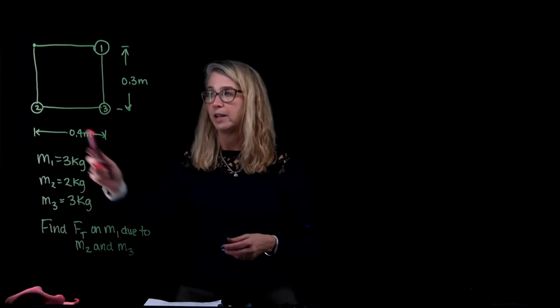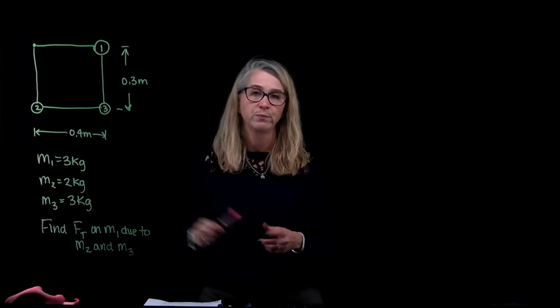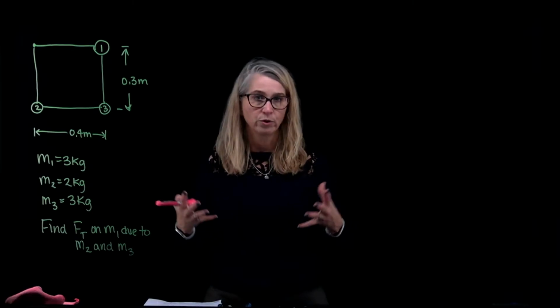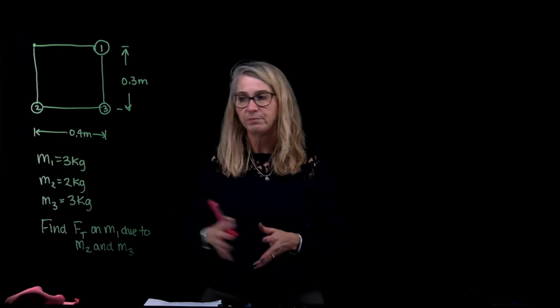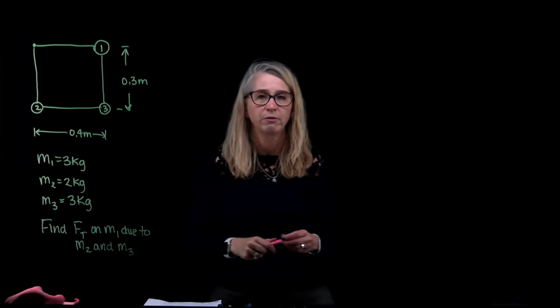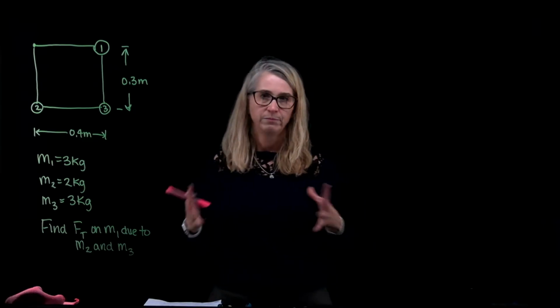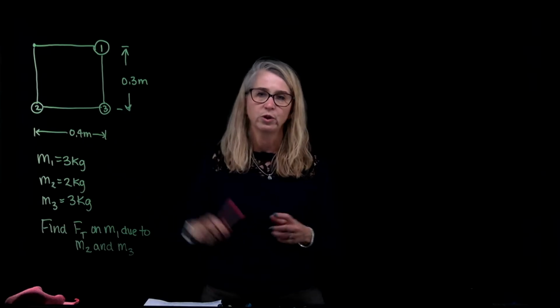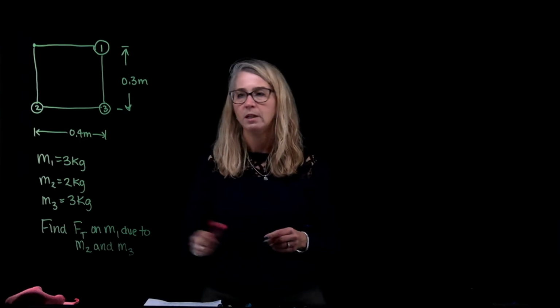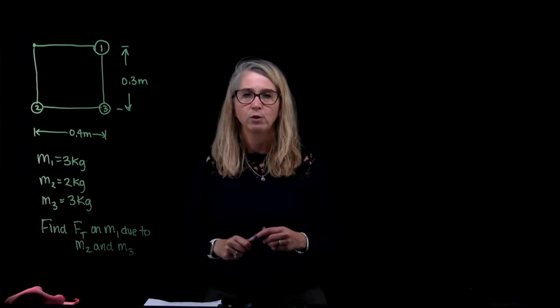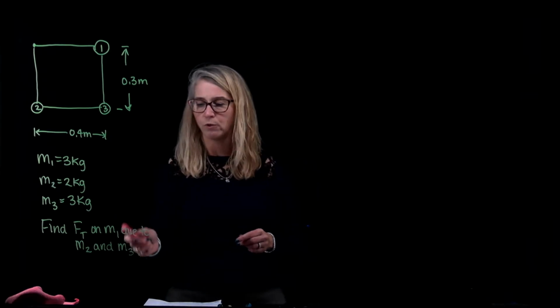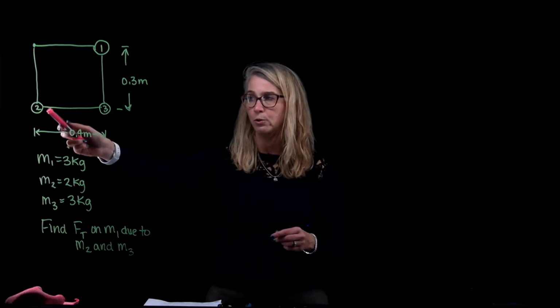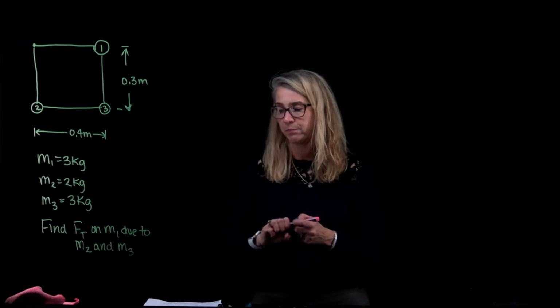So the question is, I have three masses on the three corners of a rectangle. I made the rectangle a 3, 4, 5 arrangement so that the diagonal was going to be 0.5 meters. We're given the different masses, and the question is, what is the total force on mass 1 due to mass 2 and mass 3?